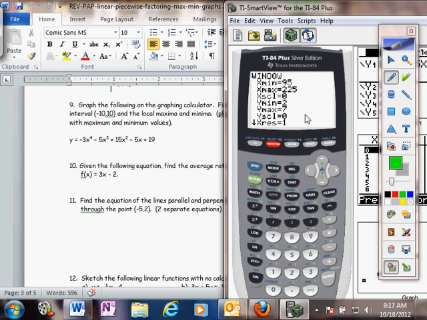This obviously wasn't reset, so I'm going to change my x minimum to -10, my x maximum to 10. I can keep my scales at 0. I'm not sure what this graph is going to look like first, so I'm going to change my y minimum to maybe -500, and we can play with this, and my y maximum at 500, and then graph.